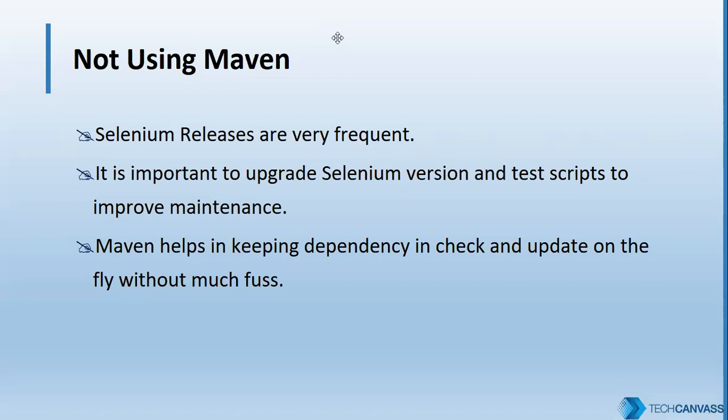Apart from Selenium jars, Maven can also be used to maintain other dependencies, including other jars and plugins, and build path related artifacts can also be kept up to date and consistent using Maven. So, not using Maven is a mistake which should be avoided diligently.